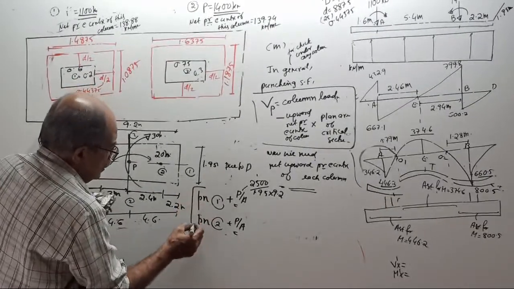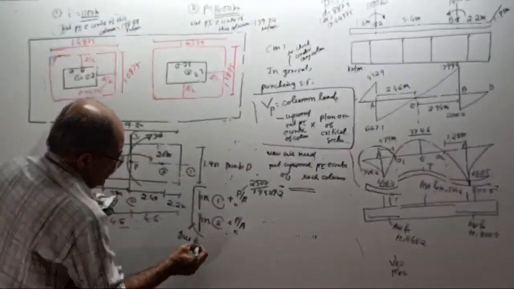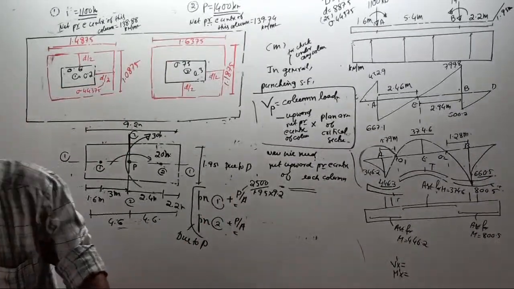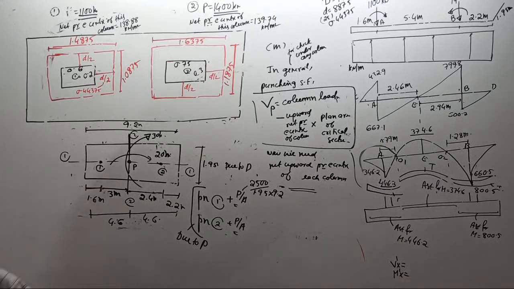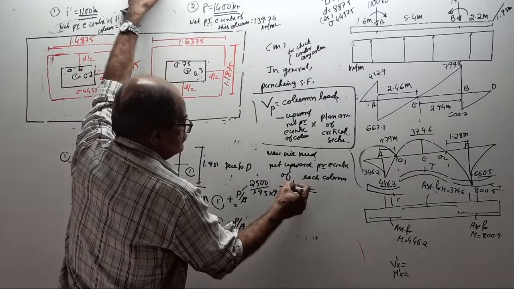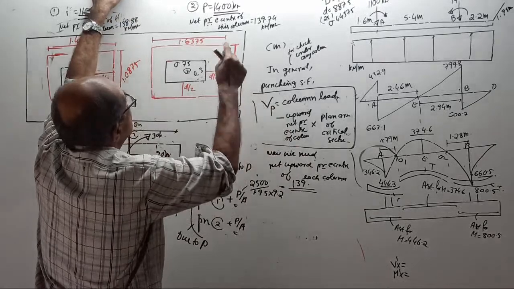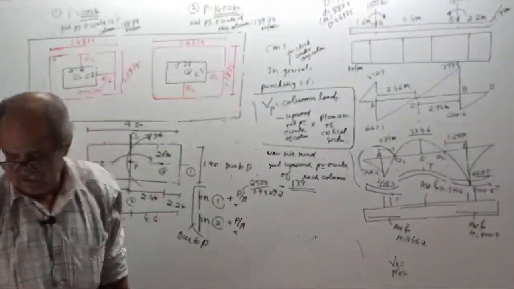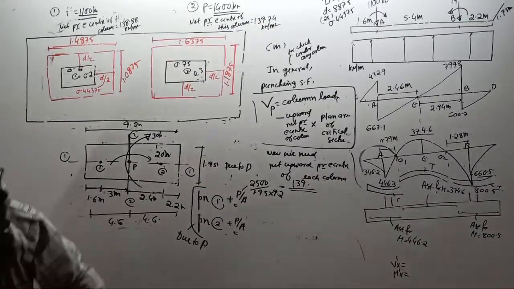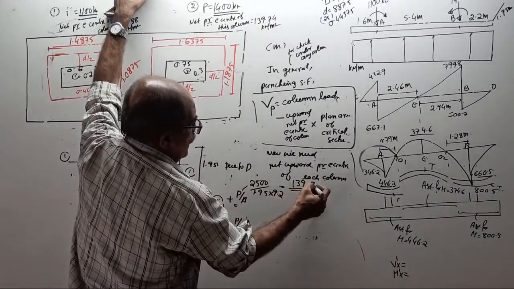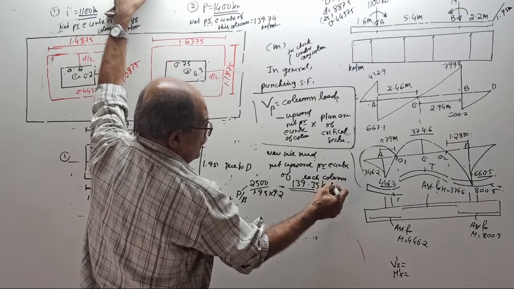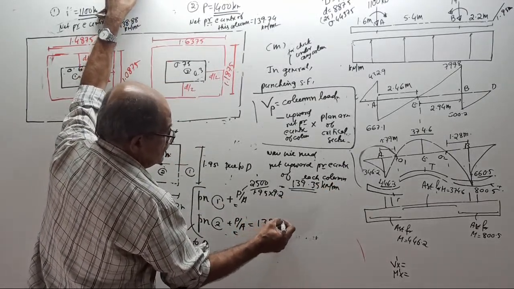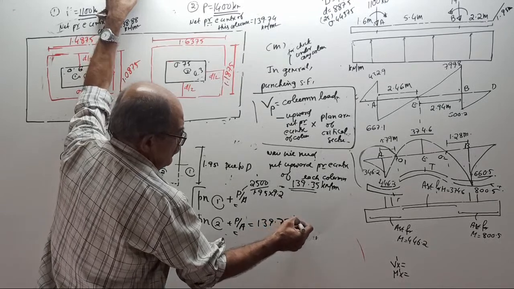This is due to P, due to only axial force: 139.35. Afterwards a slight approximate error will come. 139.35 kilonewton per meter square. Same here also, 139.35 kilonewton per meter square.